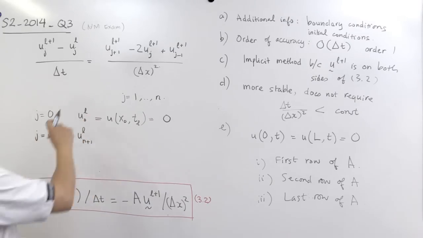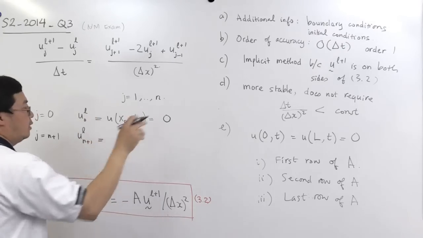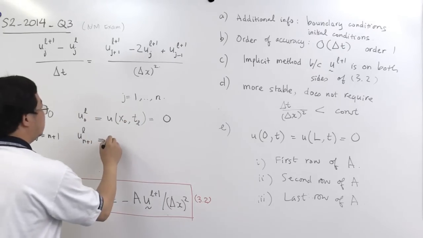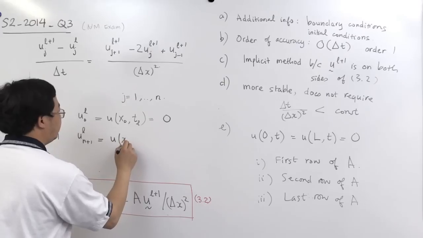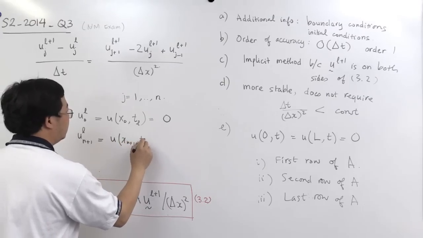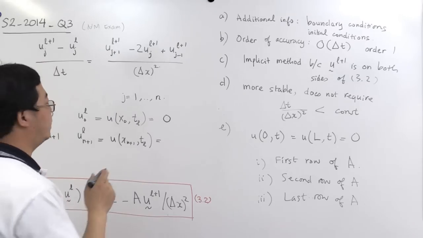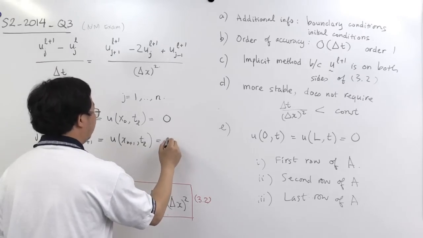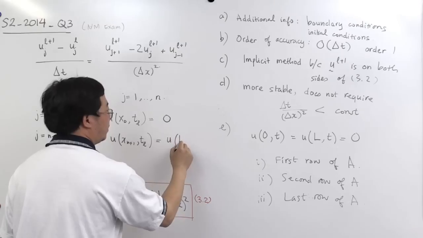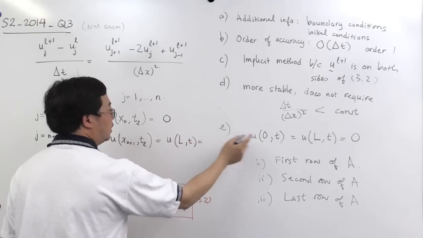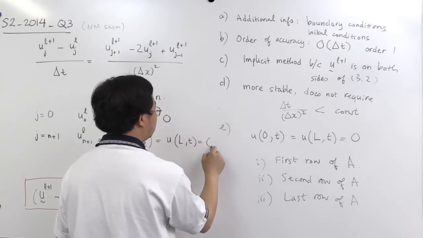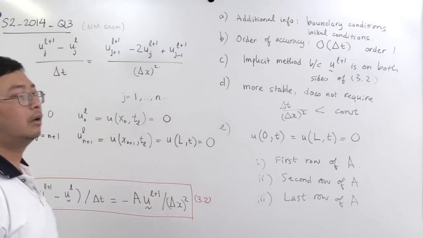So here is u at x_{n+1}, t_l. And this is just u at x equals capital L, t, and by the boundary condition it just equals 0 as well. Okay.